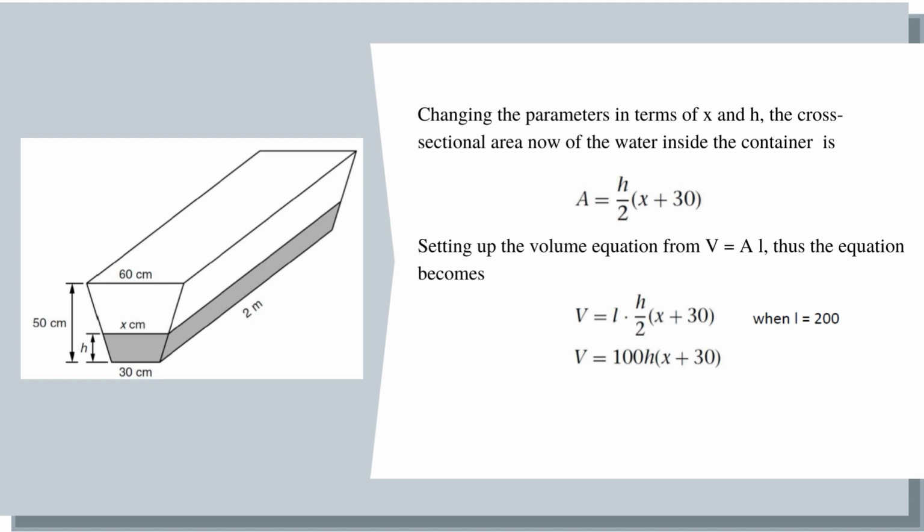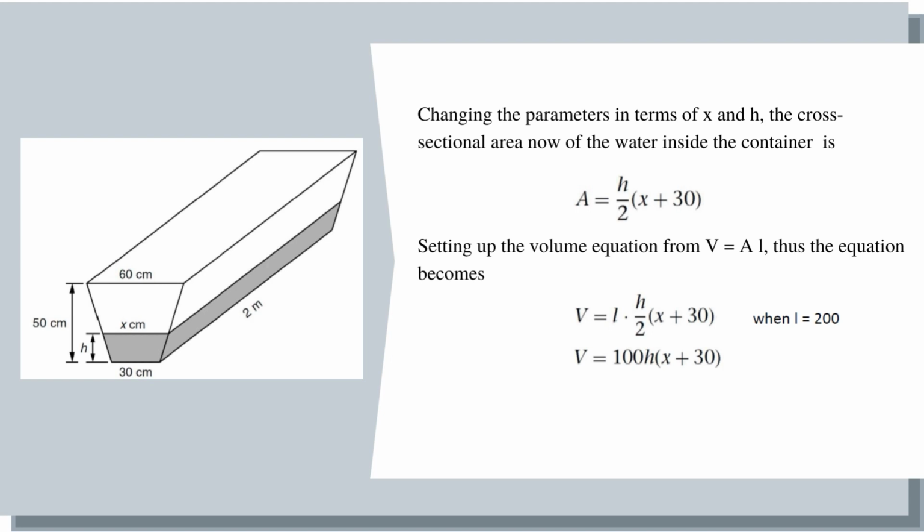Now, this volume equation is an equation of three varying quantities: the volume itself, the base x, and the water level h. If you differentiate implicitly both sides of this equation, we would end up with three related rates, such as dV over dt, dh over dt, and dx over dt.